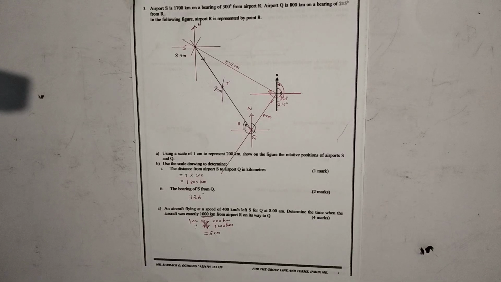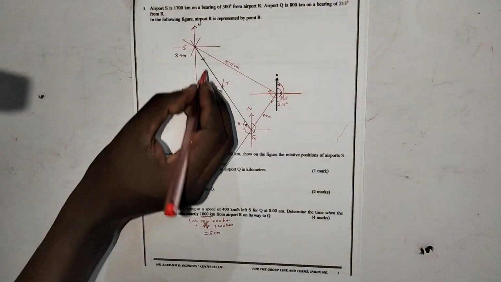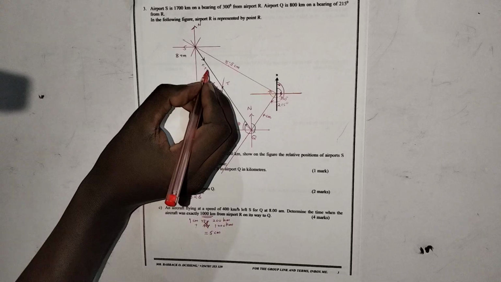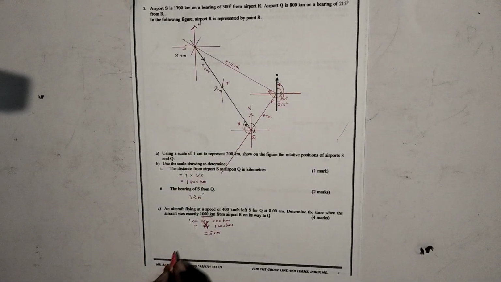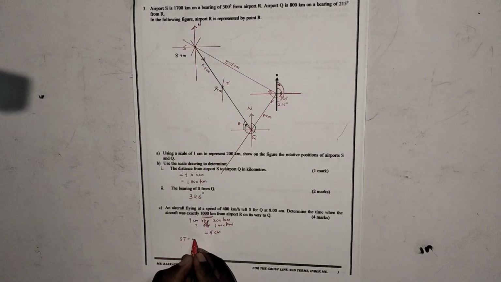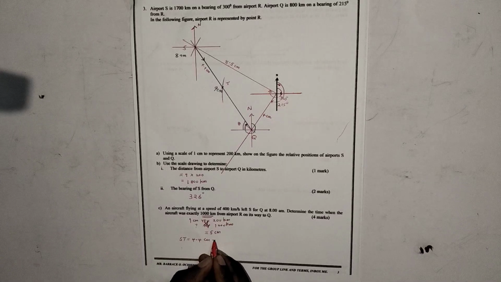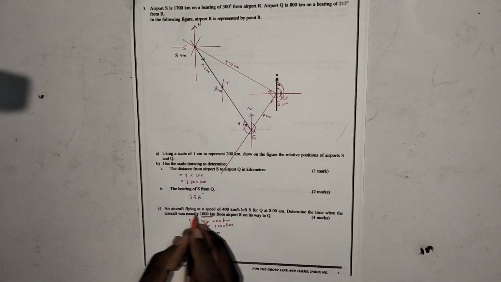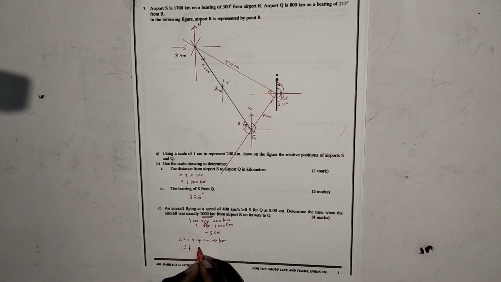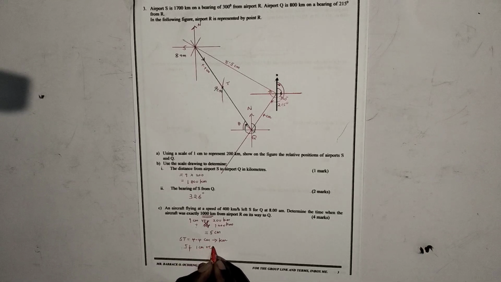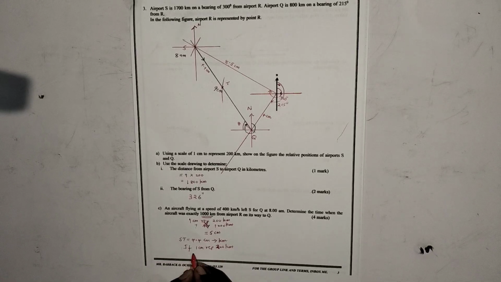4.4 centimeters. That length is 4.4 centimeters. ST is 4.4 centimeters, which I must convert to kilometers. Convert this to kilometers using the scale. If 1 centimeter represents 200 kilometers, what will 4.4 centimeters represent?